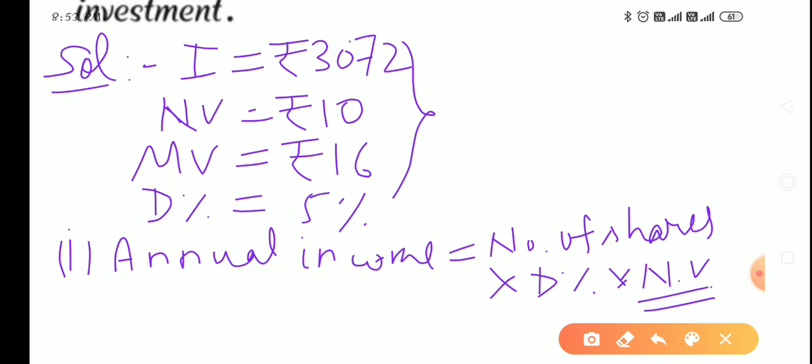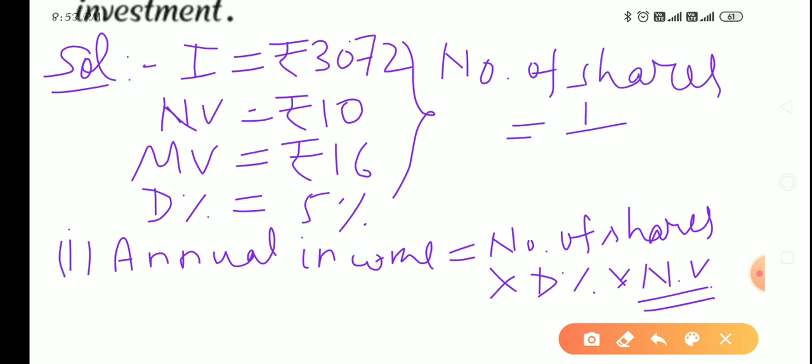Now you do not have the number of shares. So first of all, you calculate the number of shares. The number of shares you can calculate by using the formula investment upon MV. What is the investment? Investment 3072 and MV 16. When you divide, what will come?